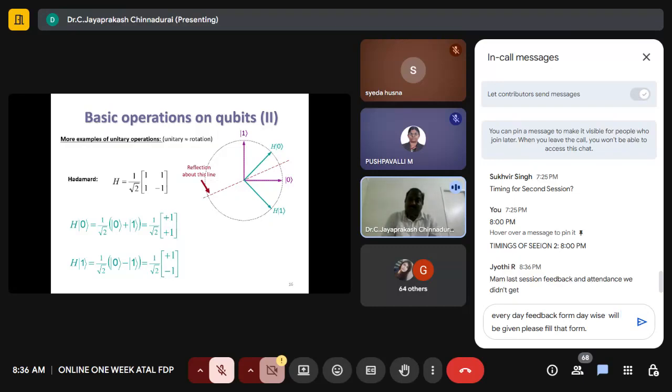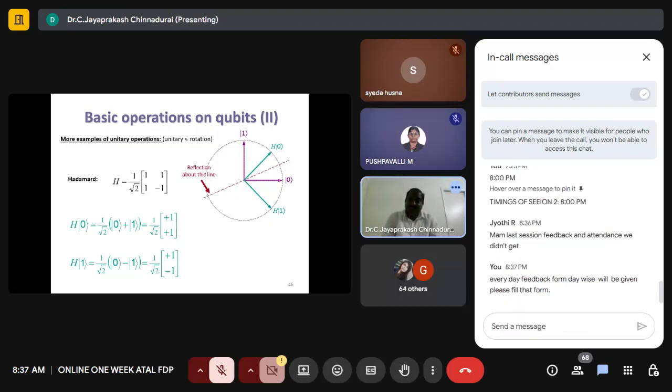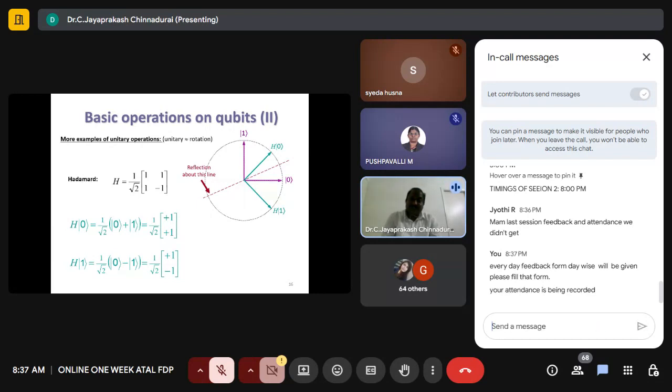That means how we can make use of the unitary operator. See that H equal to 1 by root 2 into 1 1 1 minus 1. So the same equation we have already discussed in the gate also. So the same thing we can represent: the output of H of ket 0 is equal to 1 by root 2 into ket of 0 plus ket of 1.